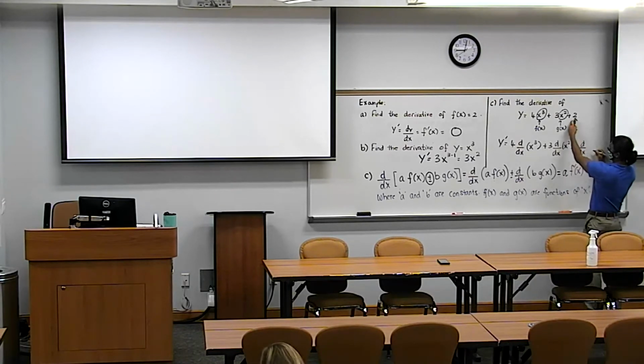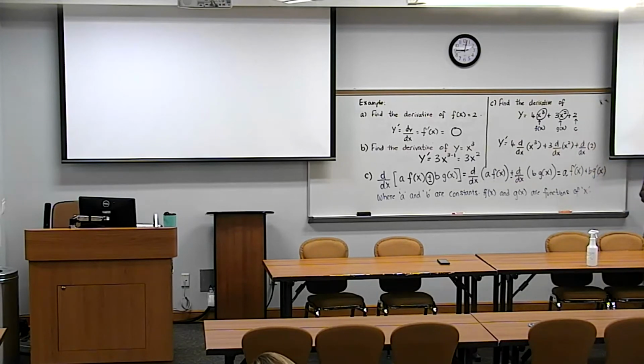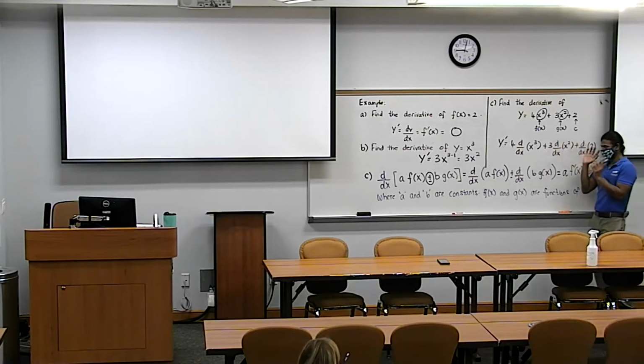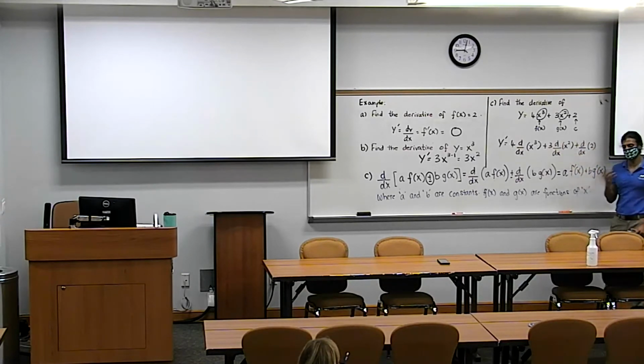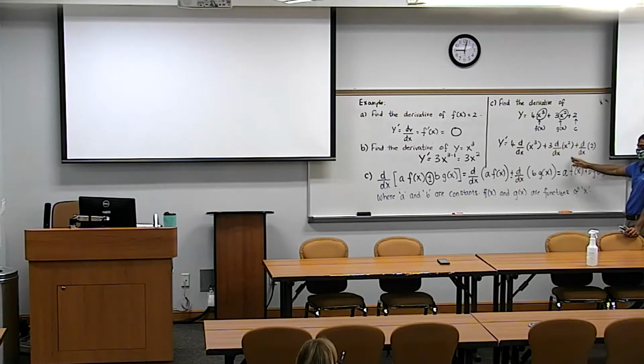I keep the constant as is, and I take its derivative. Yes? Now the exam is multiple choice, so I really don't care how you do this. You don't have to write it out, but understand the process behind it, because some of you might change your mind and go for calculus. So at that point you will need it.